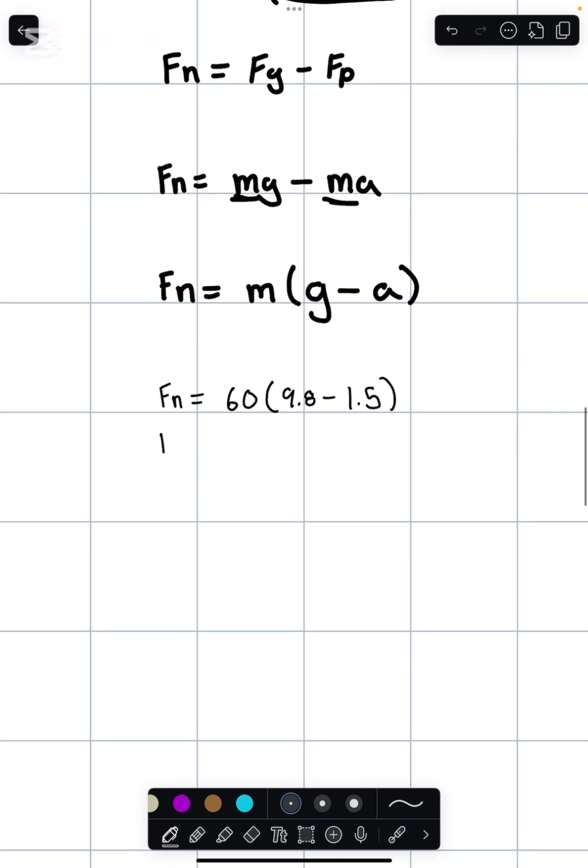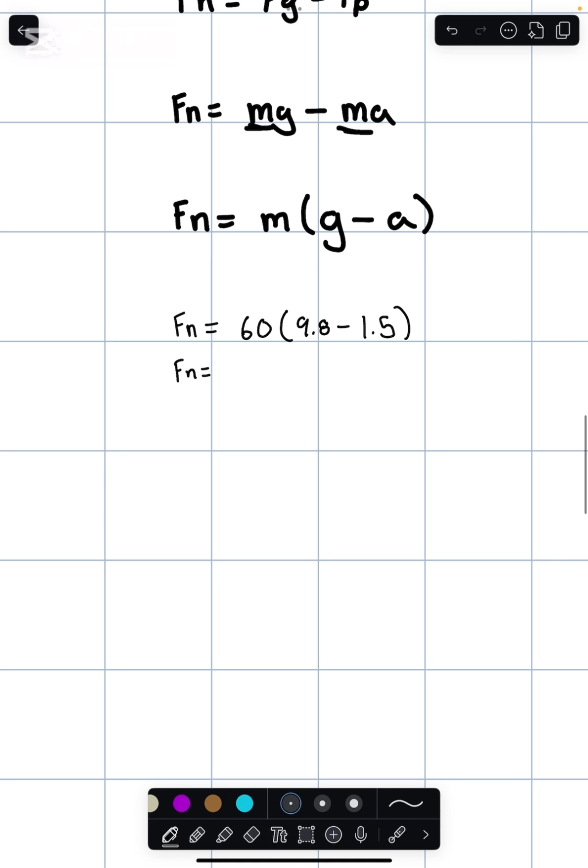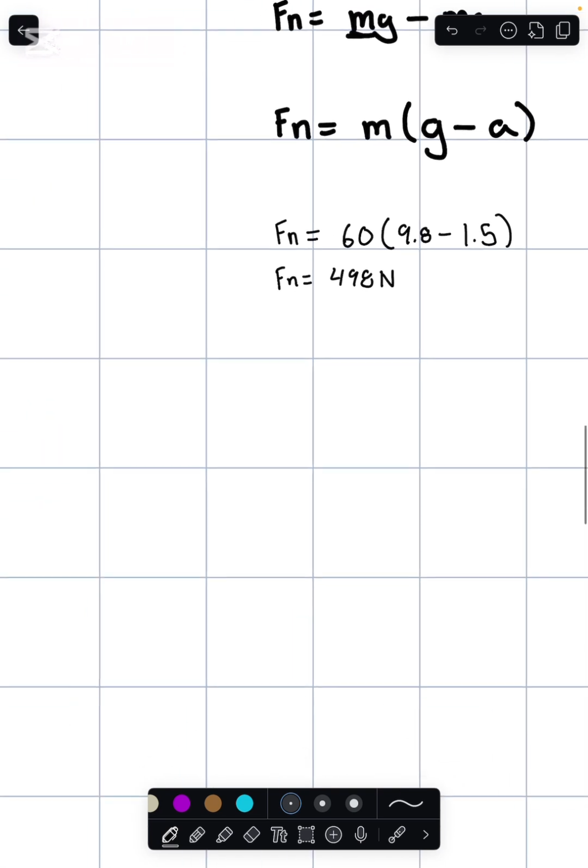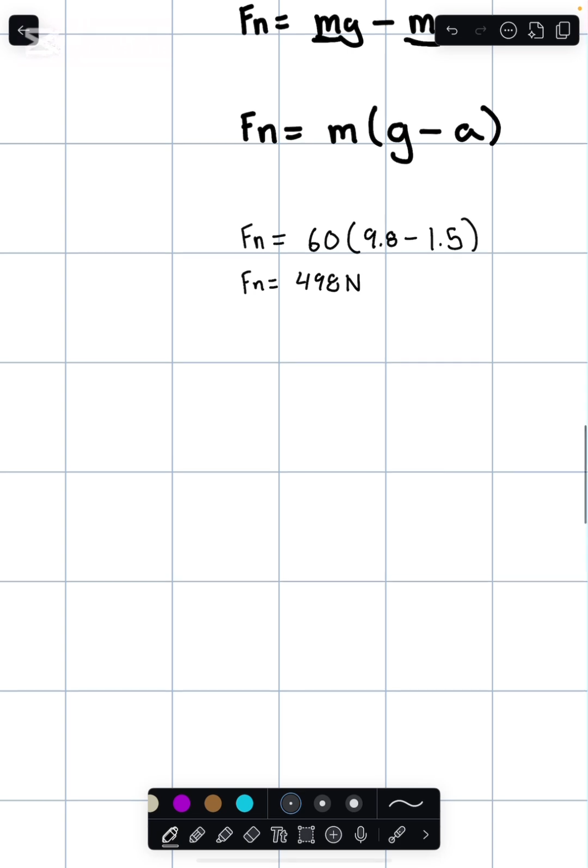So after that, we can find our Fn, which is going to be equal to 498 newtons. This is just rounded, so obviously if it's below a 0.5 threshold, we're going to round down. If it's 0.5 and above, then we're going to round up. So you just round it to the nearest whole integer.